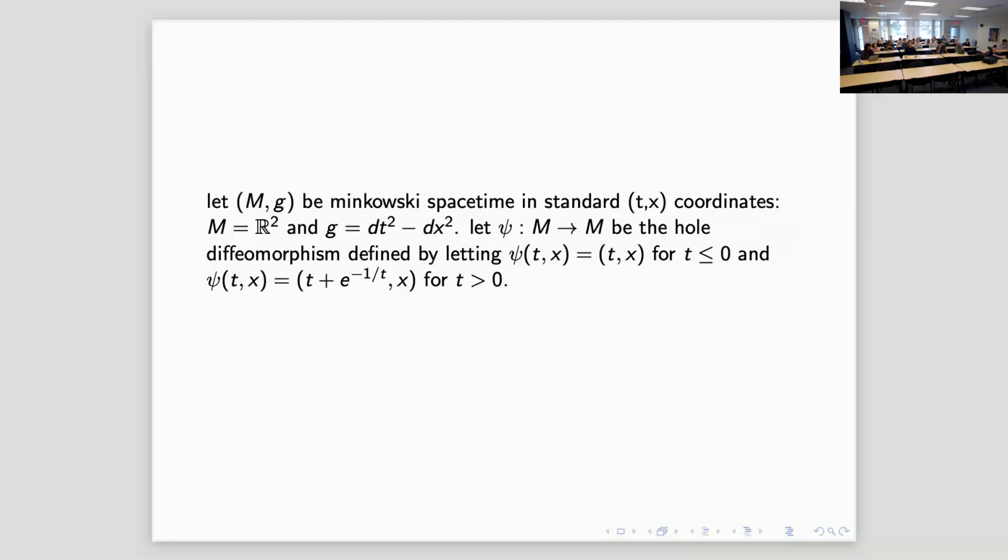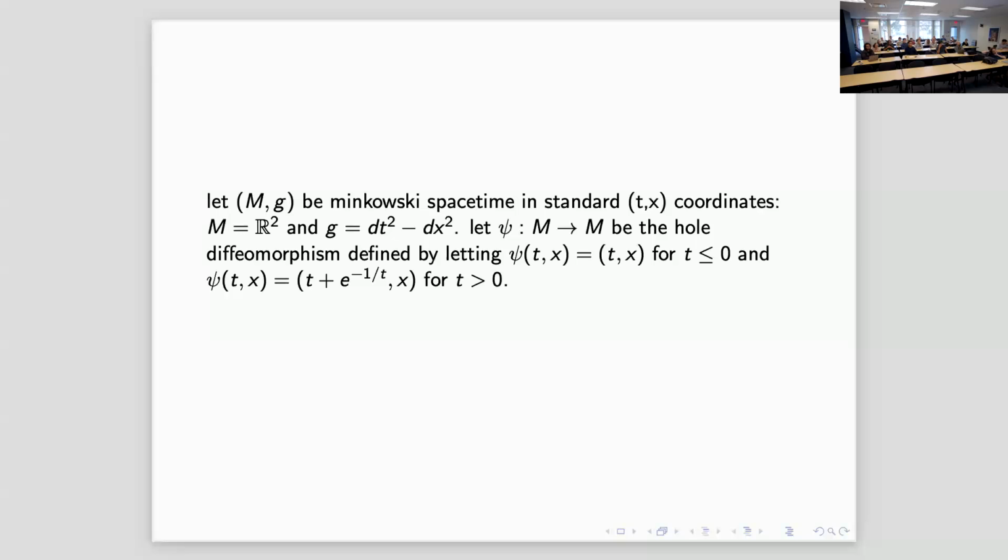Okay, so let (M, g) be a Minkowski spacetime. We'll just make it as simple as possible: 2 dimensions. We'll work in standard t, x coordinates. So M is just R^2, and g is just this beautiful Minkowskian metric. Now let psi be a particular hole diffeomorphism that I'm going to define by letting psi act as the identity for all t less than or equal to 0.